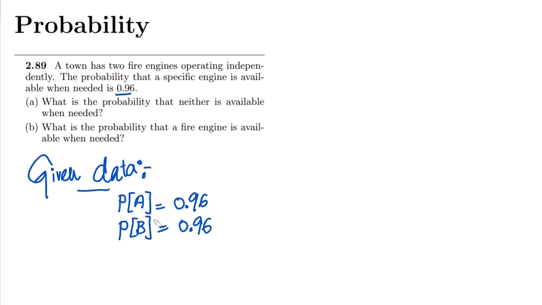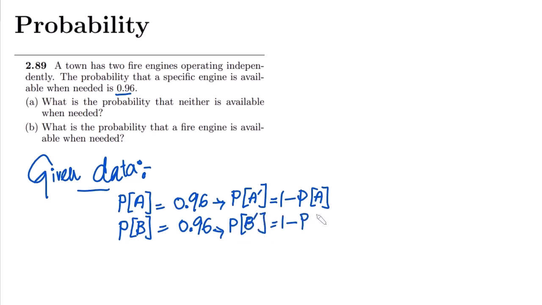So from it we can also find the probability of the unavailability as well, and that would be the probability of A complement, okay, and that would be 1 minus probability of A. Similarly the probability of the B complement is 1 minus the probability of B.